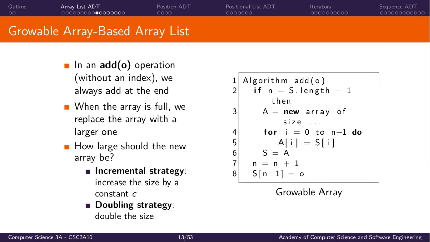Then we increment n, and then we simply store o in S[n minus 1]. All right? Because we had now created that new space, we store o in that previous space, and we now have our n incremented by 1, so it's standing in that new open space to be able to store things in the next case. All right, so that should make us happy.